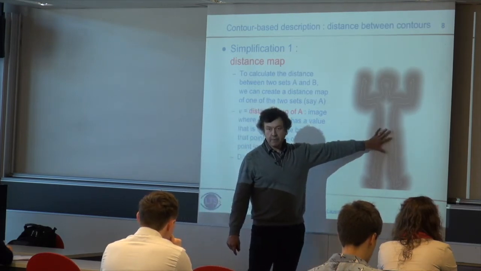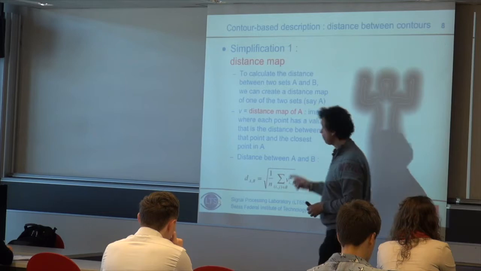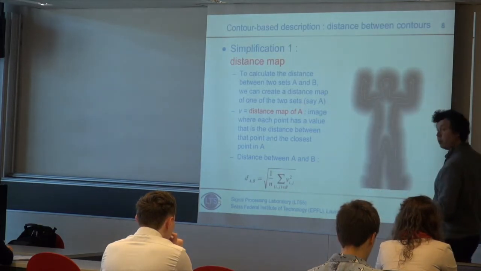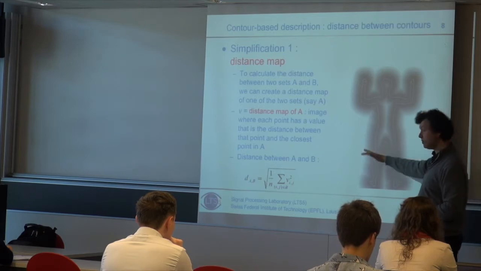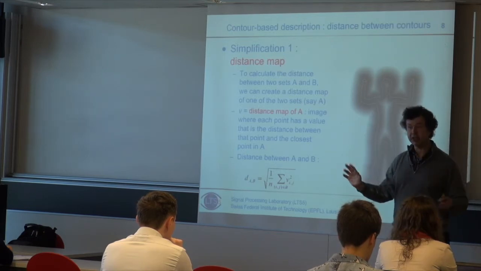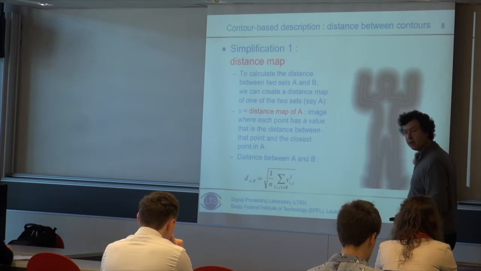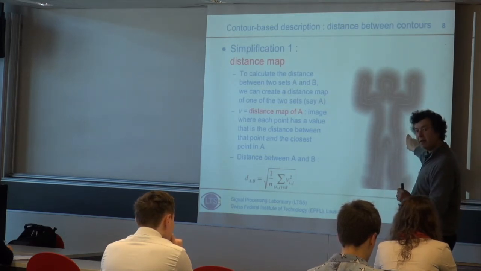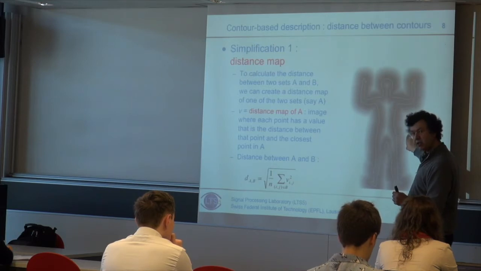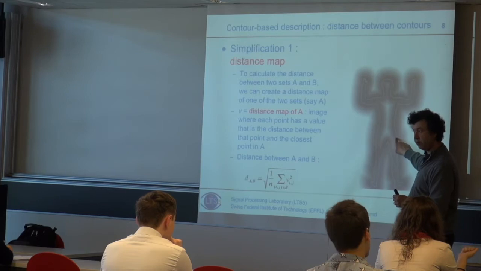And a distance map is simply an image which has values at all the points of the image. So values everywhere. It's not a binary image anymore. It's an image. And the value of a pixel in that image is actually the distance to the closest point of the object, of an object.